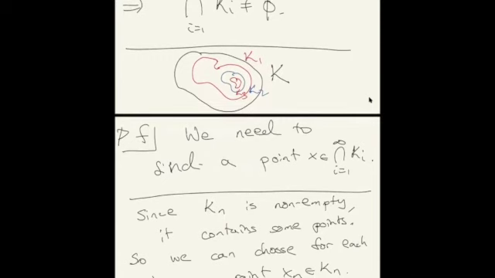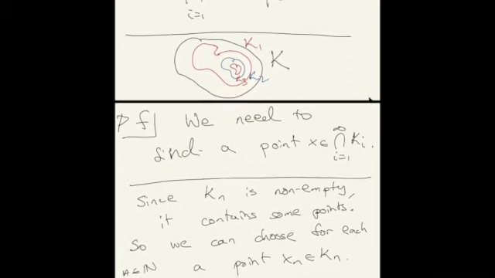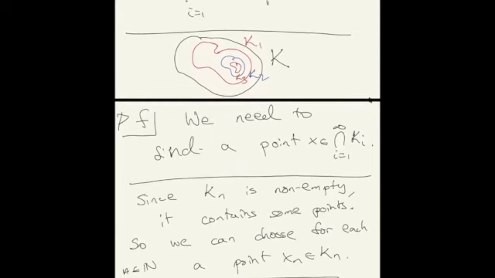So we want to show that this collection is not empty, and just like before, it suffices to find some point in the infinite intersection. And just like before, we will find this point by taking a limit of some points.